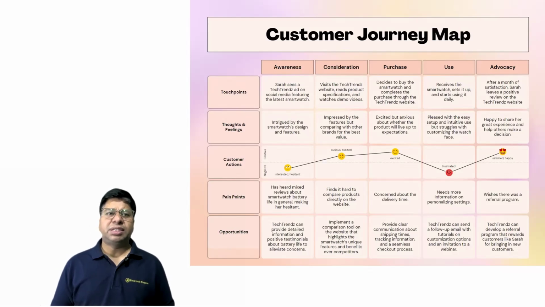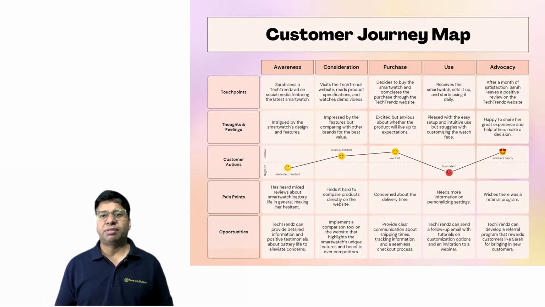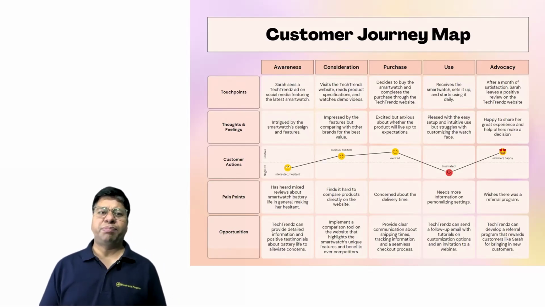At every stage, we can see the first row is the touch points. With every touch point, what are the thoughts and feelings Sarah is having. The third is customer actions or reactions. Basically, are they frustrated, delighted, happy, or not.